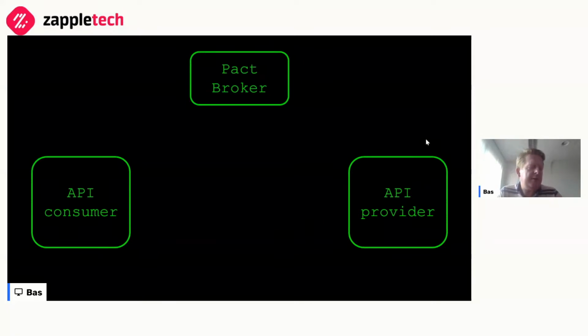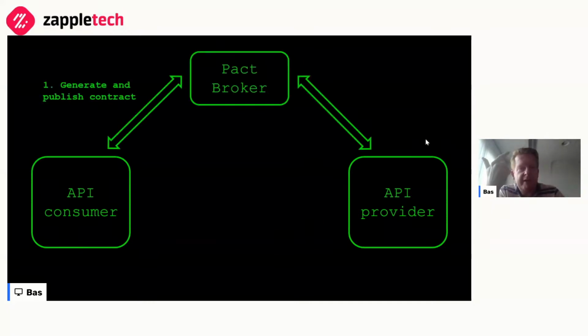And that Pact broker acts as a central registry, a central library for all the contracts that live within a specific context. Plus, it stores contract verification results. In the consumer-driven contract testing flow, it's the consumer who generates and publishes their contract as a first step in the flow.